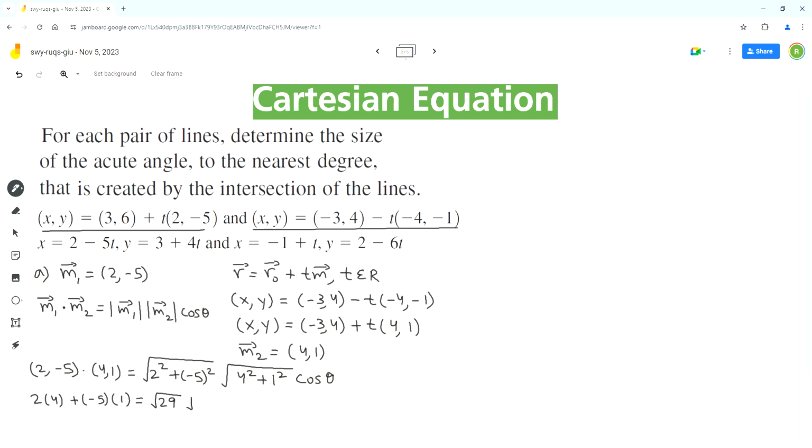And under the second square root, we get 17. Now we can simplify the expression on the left side. Now we can multiply square root of 29 by square root of 17. So on the left side we get 3.